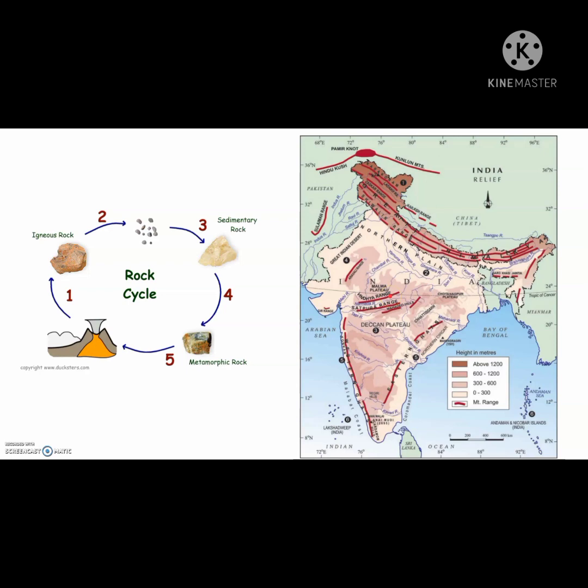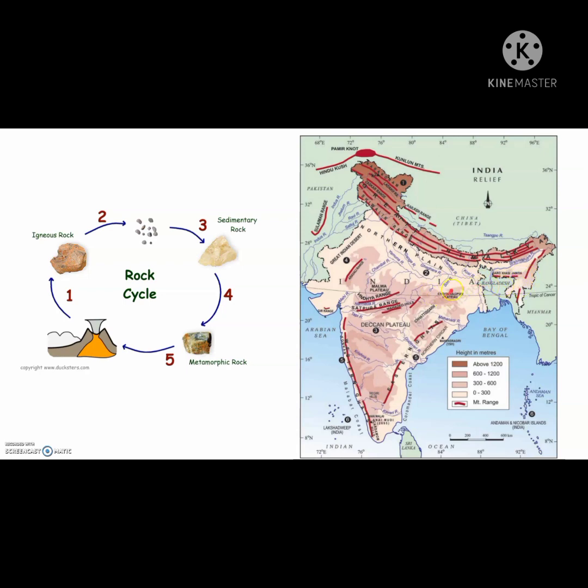The Central Highlands are located in the central part of India, surrounded by the Aravalli ranges, Vindhya ranges, Satpura ranges, and on the eastern side we have the Chota Nagpur Plateau, surrounded by the Garo Hills, Khasi Hills, and the Jaintia Hills.